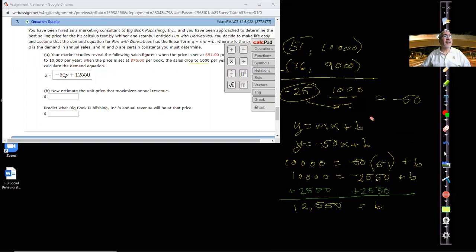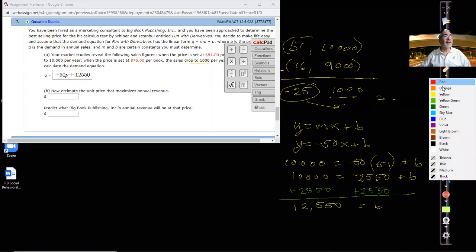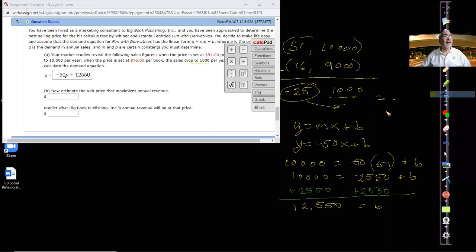This should be, and this is not going to be 50. This here is 25. So 1,000 divided by 25 is negative 40.